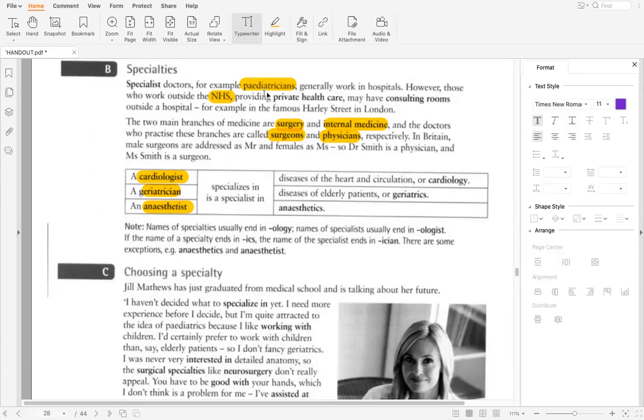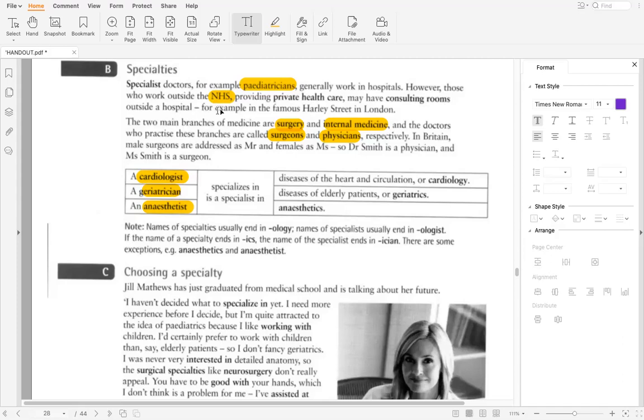Generally work in hospitals. So specialist doctors, they work in hospitals. However, those who work outside the NHS, providing private health care, may have consulting rooms outside a hospital.